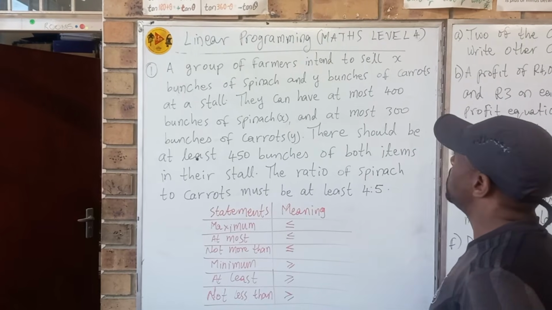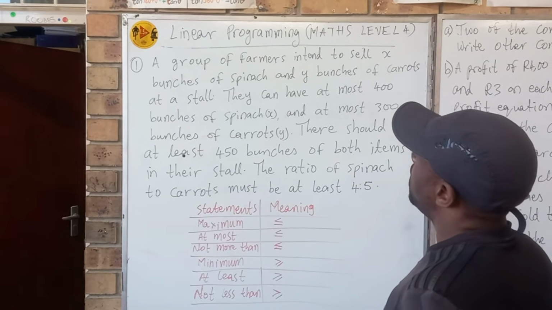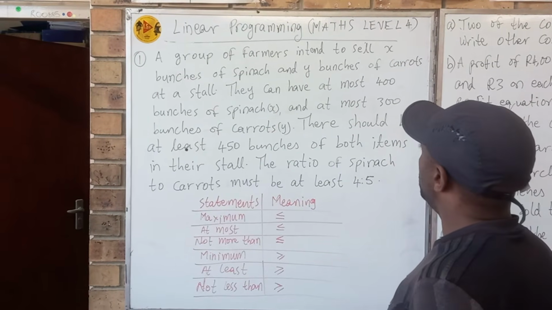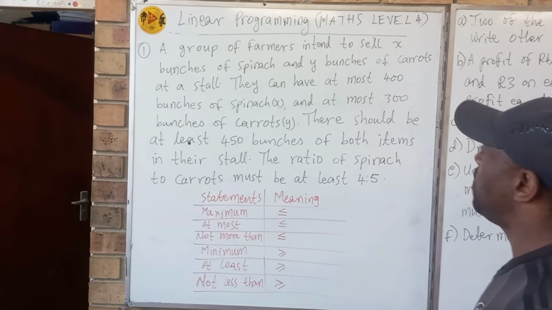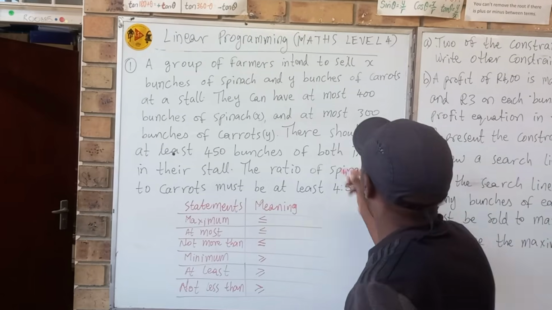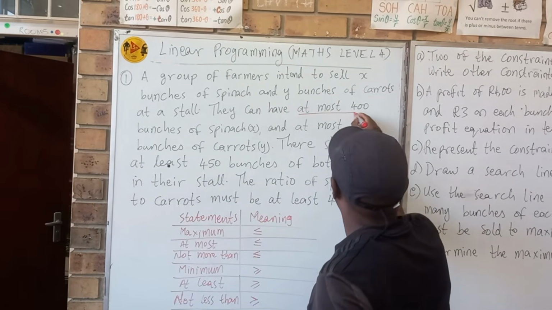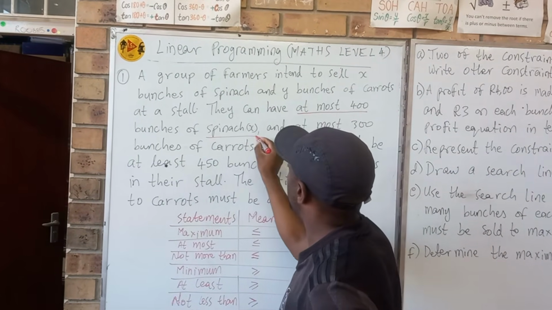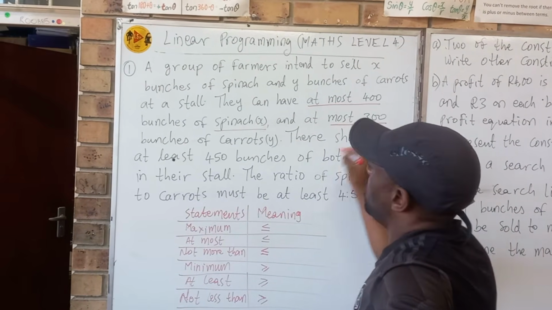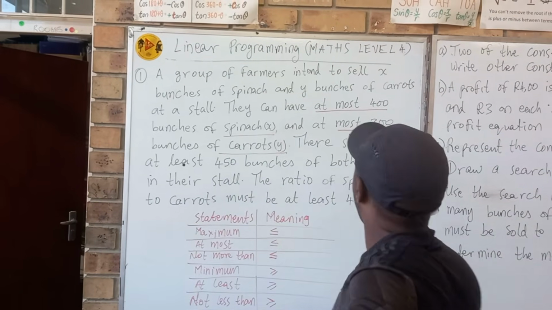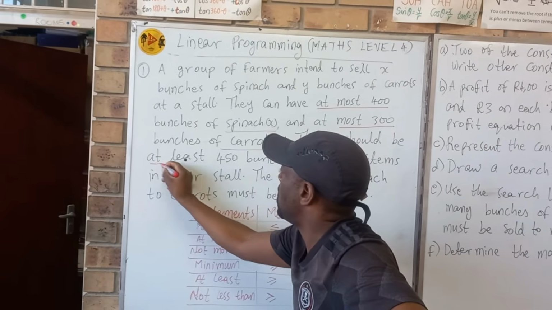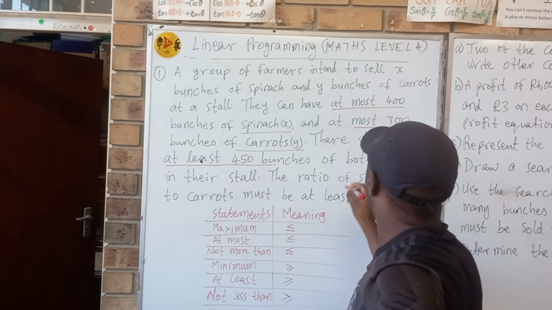A group of farmers intend to sell X bunches of spinach and Y bunches of carrot at a store. They can have at most 400 bunches of spinach. So you see, when I read that and mark out my keyword, at most 400 bunches of spinach, spinach is represented by X, and at most 300 bunches of carrot, which is represented by Y. So there should be at least, these are the key statements, 450 bunches of both.